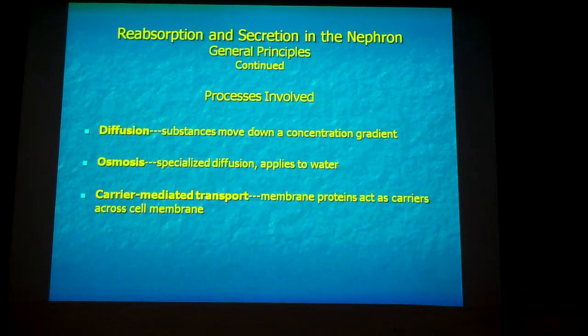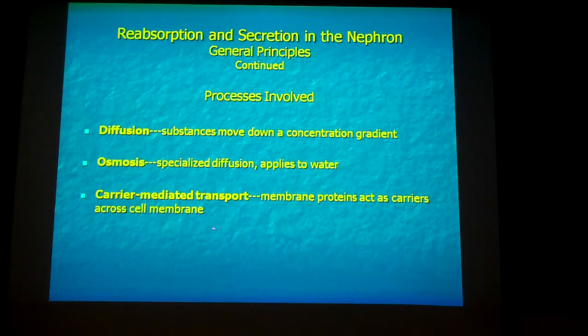Now, the processes involved in reabsorption. Diffusion. Diffusion is the moving of things from an area of higher concentration to lower. Water moves the same way. Water actually moves by diffusion, but we call it osmosis. Right?